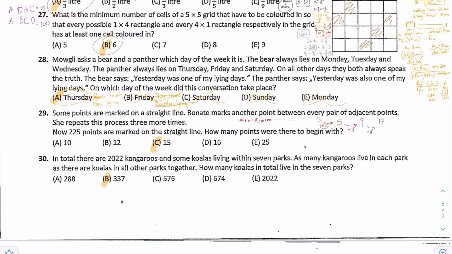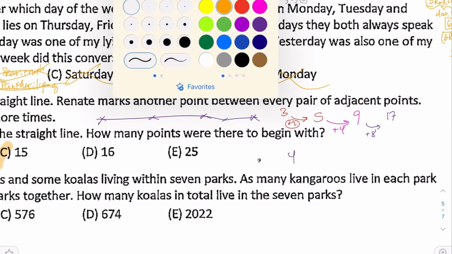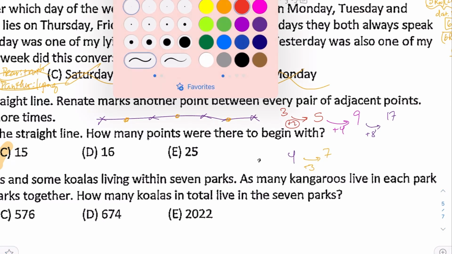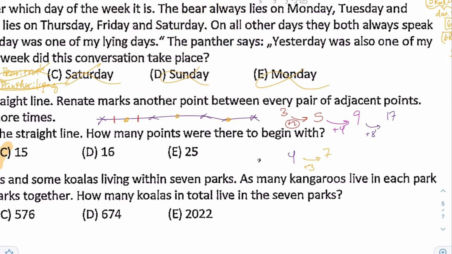But let's see what happens if you start with, let's say, 4 points. If you start out with 4 points, the first time you'll be adding 1, 2, 3 to give you 7. Then the next one you'll be adding 1, 2, 3, 4, 5, 6, and that'll give you 13.